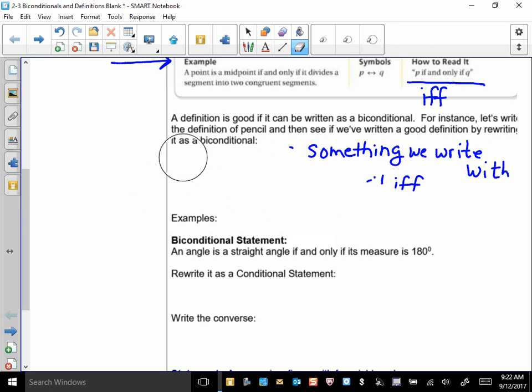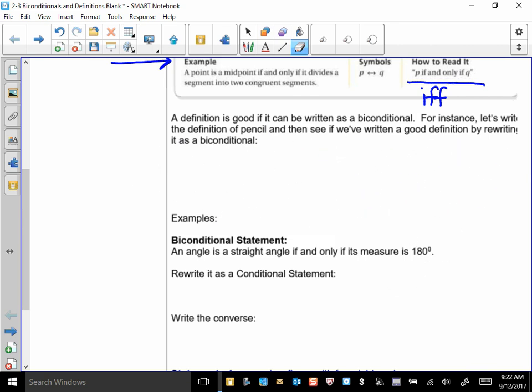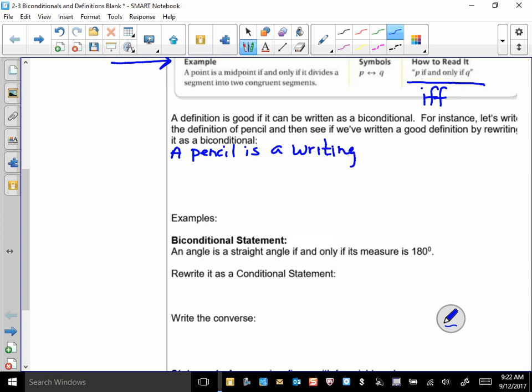That's not a good definition, so we have to improve our definition so that we could write it as a biconditional. How about if I do this? A pencil is a writing instrument with lead. I think that might make it better, but let's see if we can write it as a biconditional.